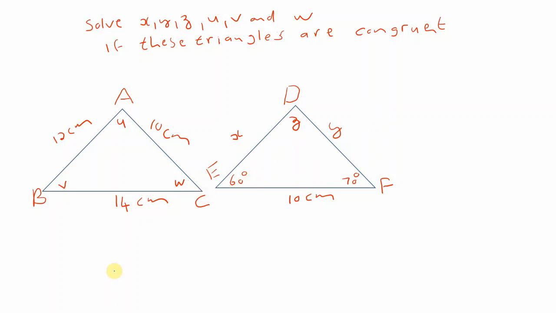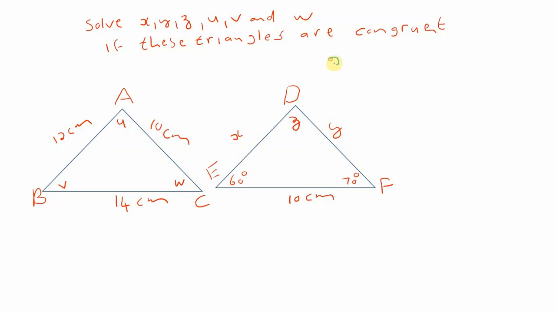So now what was given in this triangle ABC, we know all the sides, whereas in triangle DEF we know 2 angles and a side. So we have to use now this information to calculate the missing values. So Z is actually what we can calculate the easiest because we know a triangle has 180 degrees.